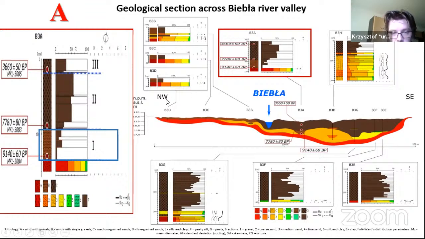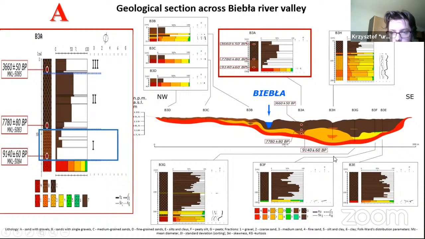The north section, with sands and gravels, is very shallow and covered only by a layer of peaty silts up to 0.4 meters.